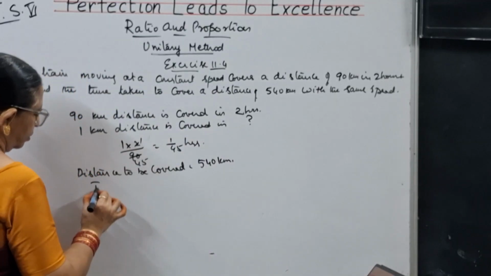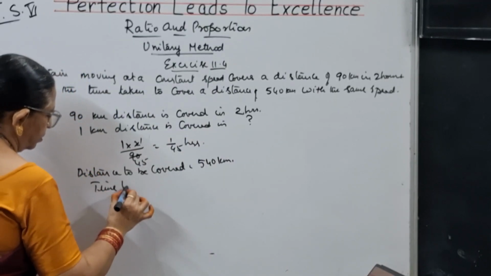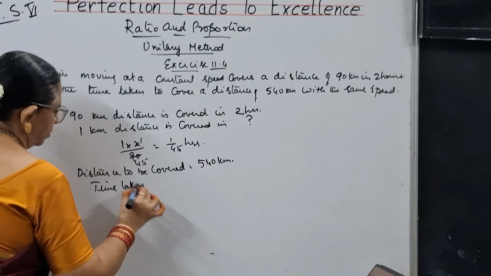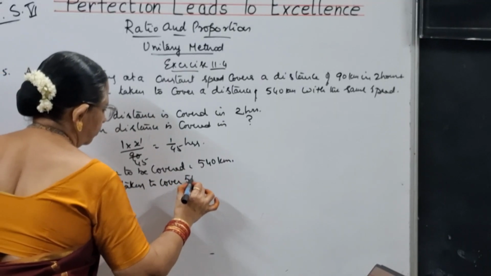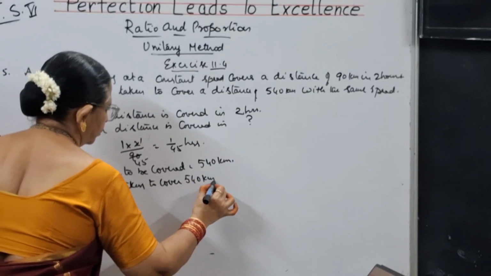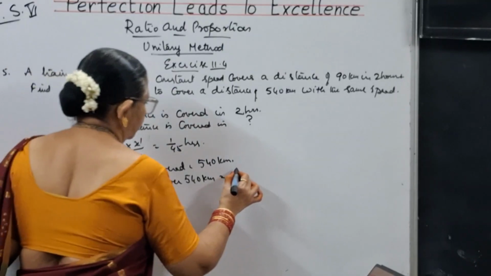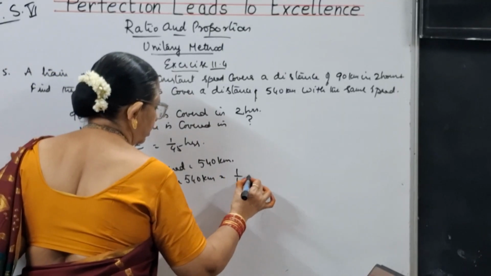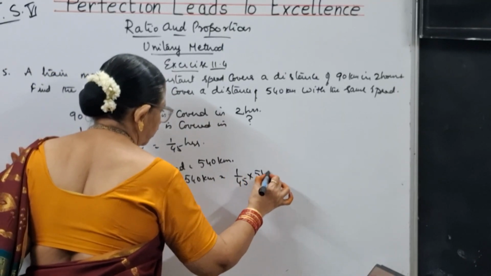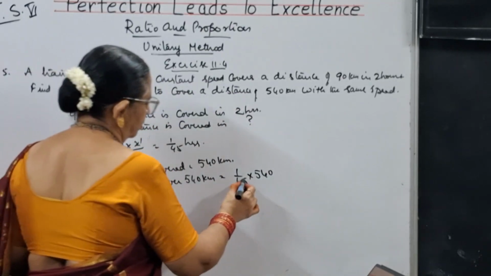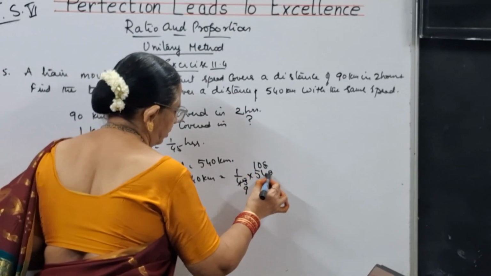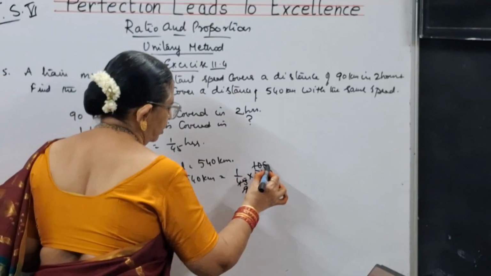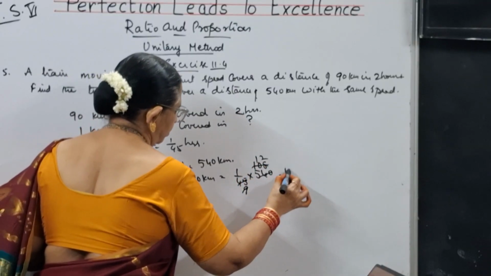So time taken to cover 540 kilometers is equal to 1 by 45 into 540. 5 nines are 45, 5 ones are 0, 5 eights are 40, 9 ones are 9, 9 twos are, that is 12.